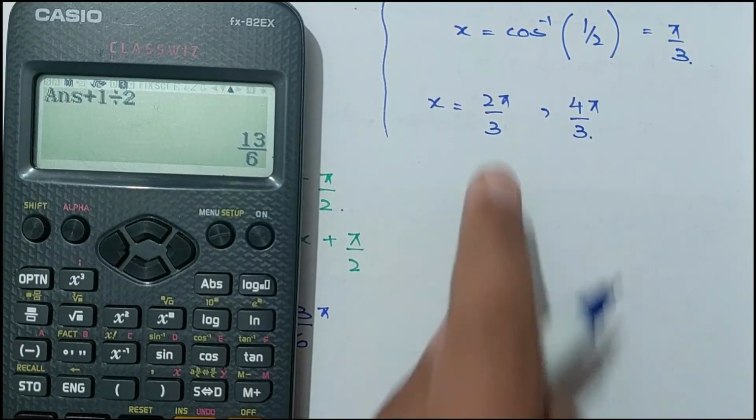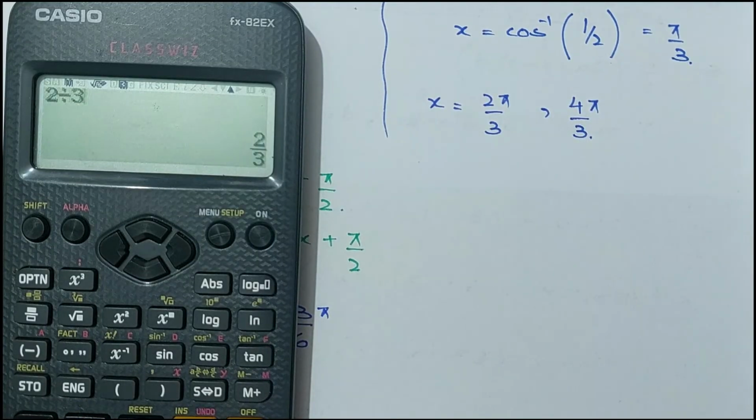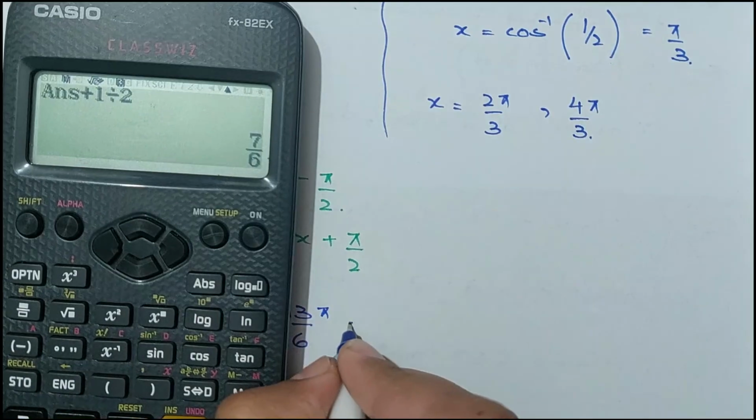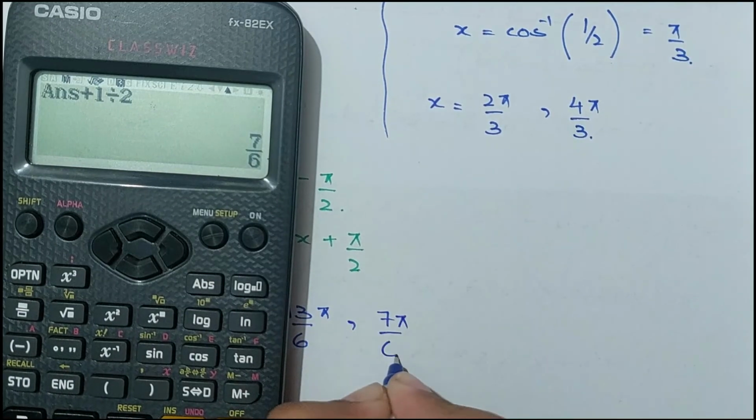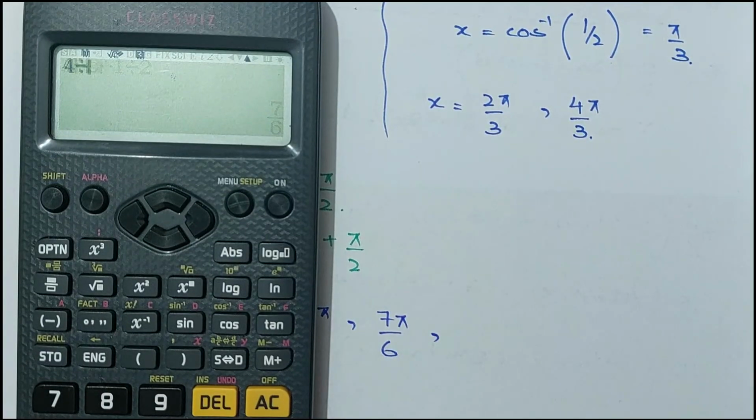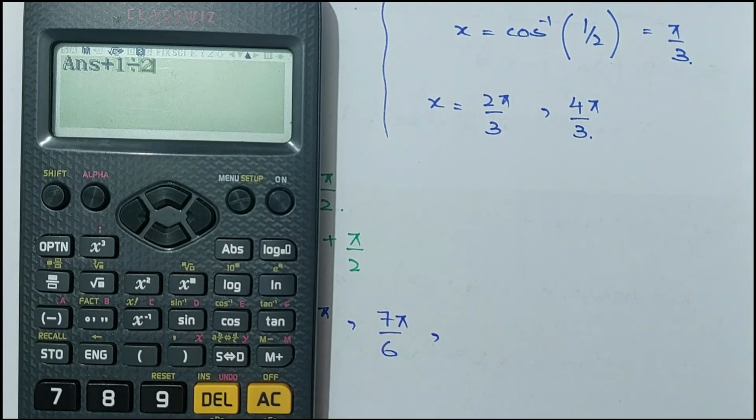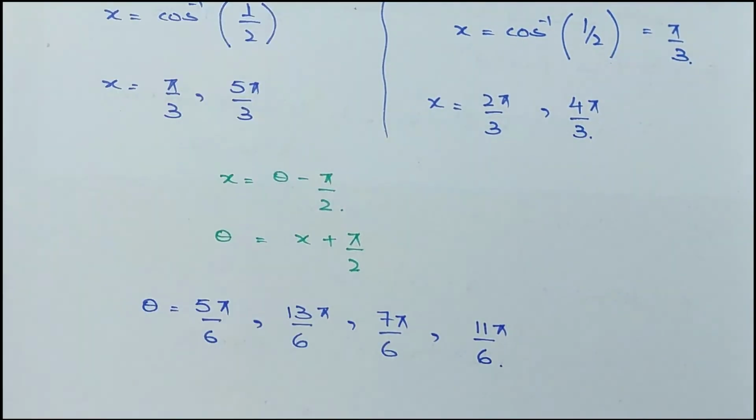Again, 2 by 3 plus 1 by 2 is 7 pi over 6. And the last is 4 by 3, add 1 by 2, which is 11 pi over 6. All right. So these are the theta values, right?